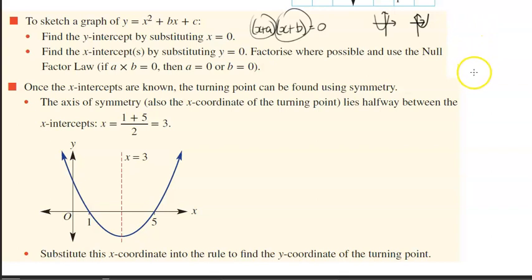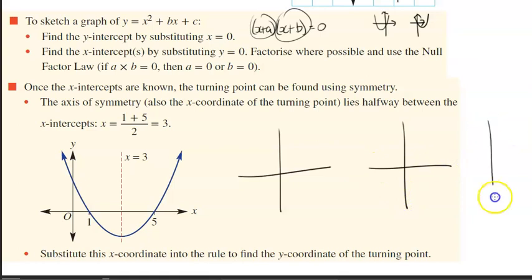Now, you could hit a scenario where you have 0, 1, or 2 x-intercepts. If you want to look at it visually, three different types of scenarios happen. If it hits the x-axis once, or there's only one x-intercept, the turning point will be on the x-intercept itself. This is when there's only one solution.